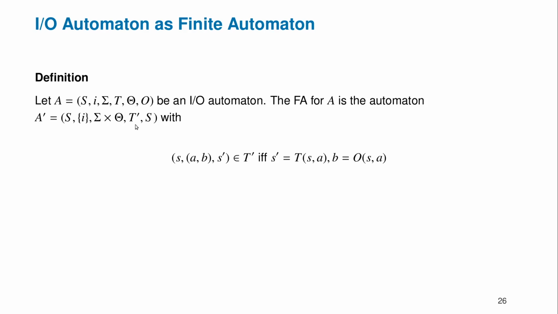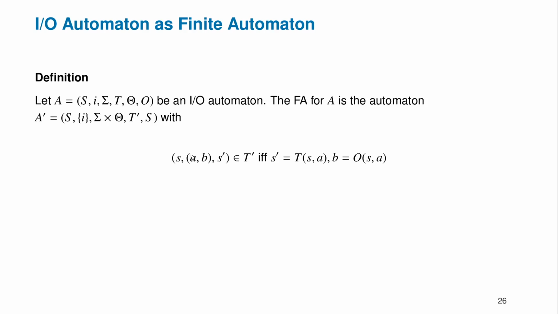And respectively we define the transition relation T prime of A prime, and we say we can do a step from state S to a state S prime with symbol AB. Recall we have here now this pair.